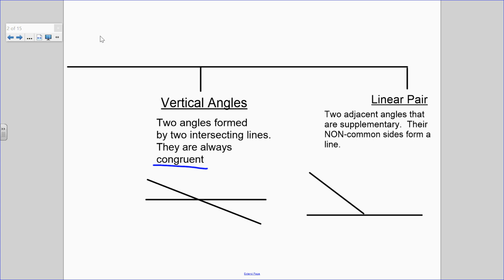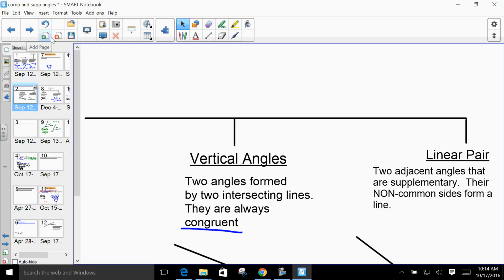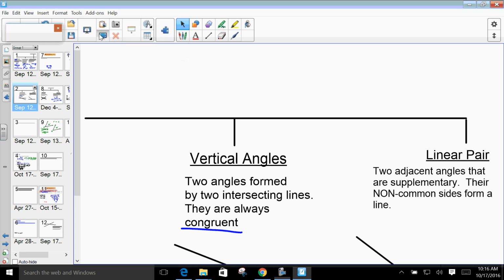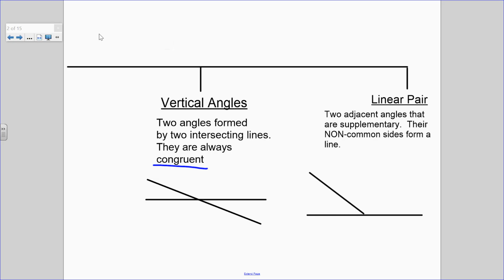Okay. So here, notice the two intersecting lines here. I'm going to put arrows to indicate that they're lines.